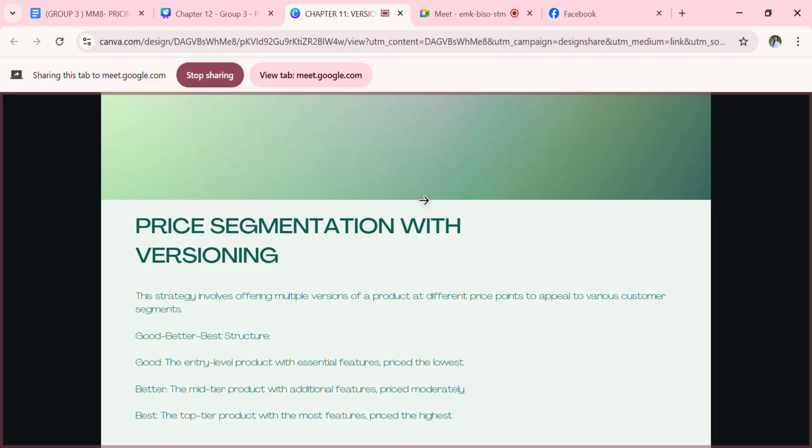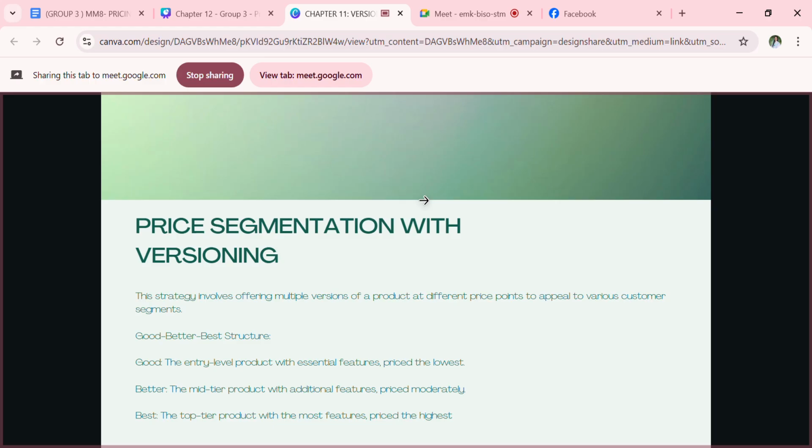So it's positioned toward the lower end of the perceived benefits and price scale, targeting price sensitive customers, while the better version or the mid-level version has more features than the good version, resulting in a higher perceived benefit. So it's priced in the middle range, balancing features and affordability for customers seeking more value without paying the premium for the best version. And lastly, we have the best version.